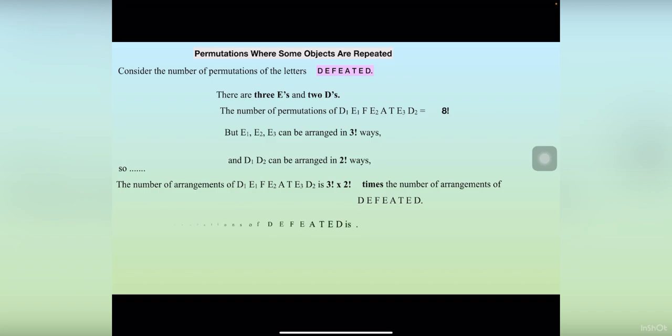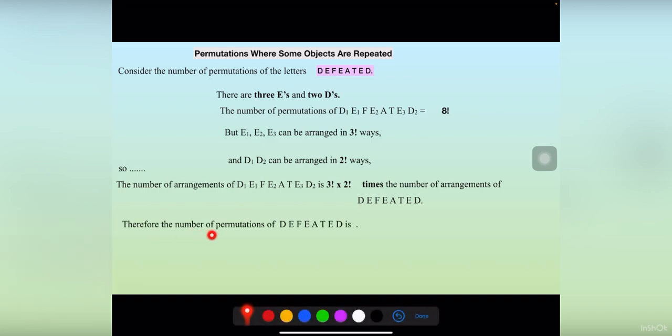And therefore, the number of permutations of DEFEATED is 8 factorial over 3 factorial times 2 factorial, which equals 3,360 ways.